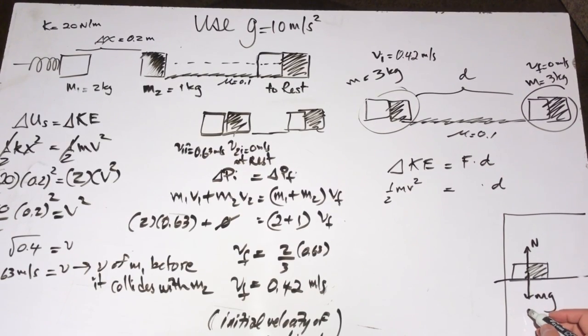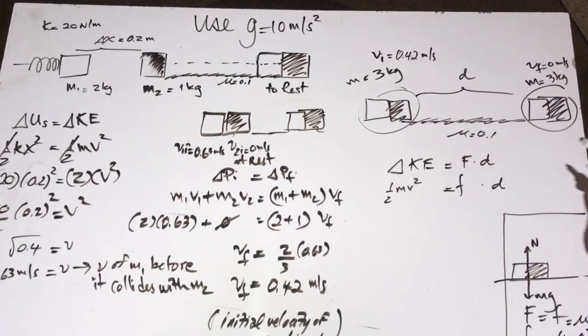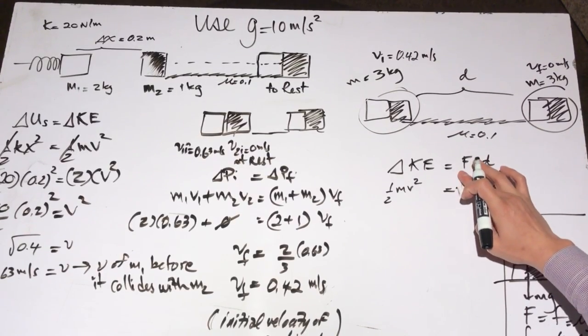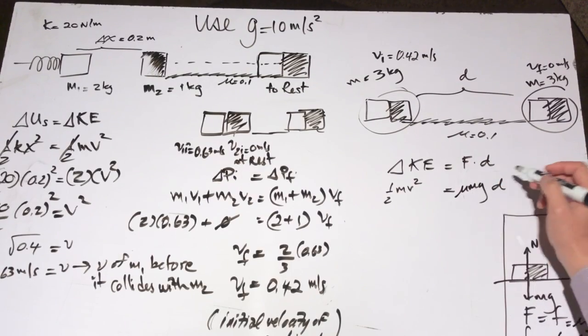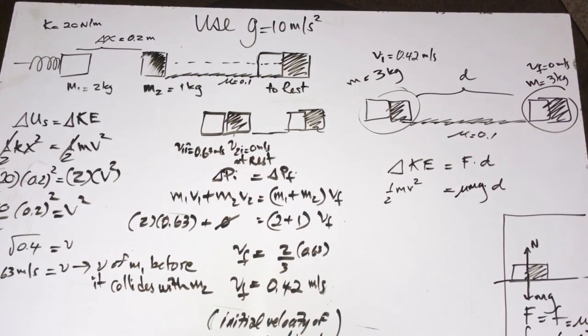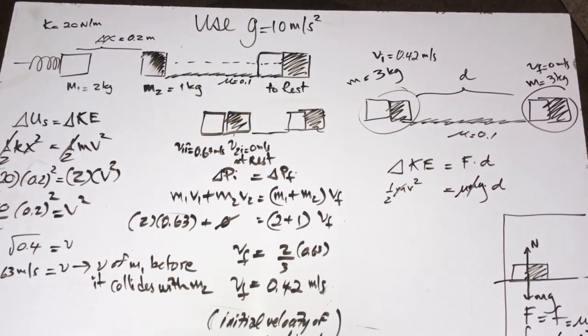So over here, the force is actually the frictional force, which is equal to mu n. What's n? N is actually mg. I'm going to replace this frictional force over here: mu mg times d. Since we have the same mass, I'm just going to cancel them out.